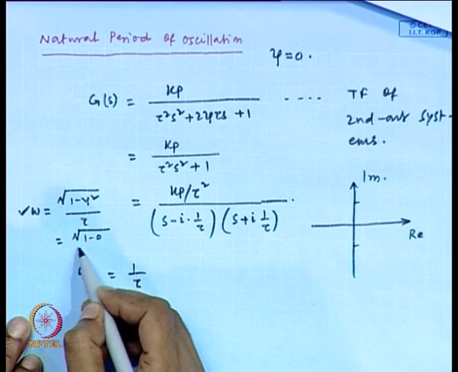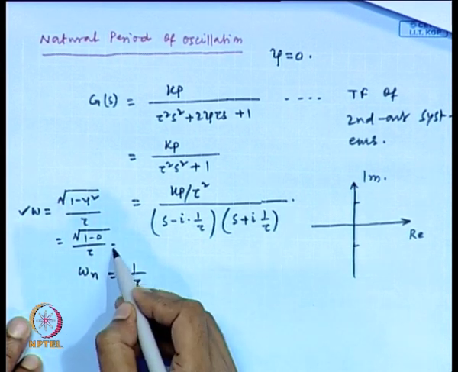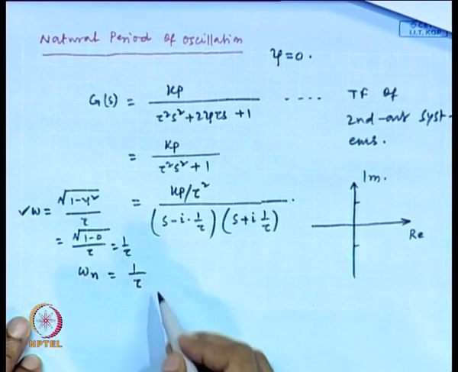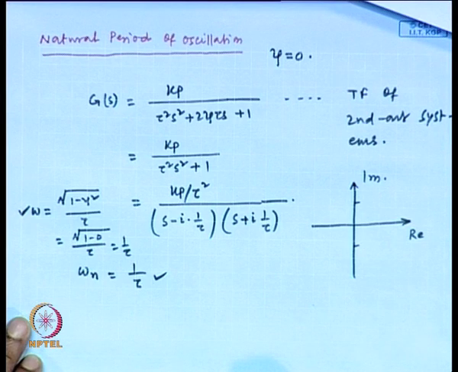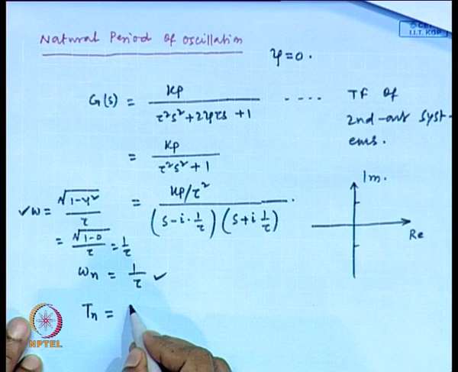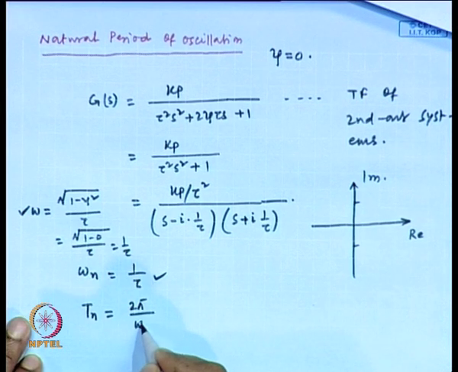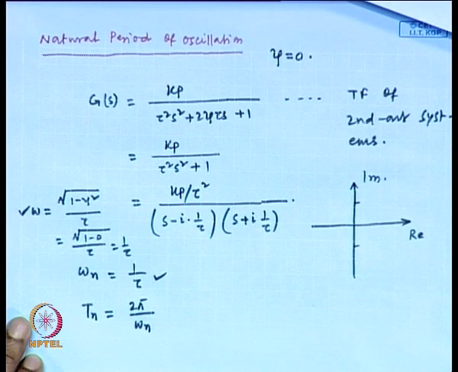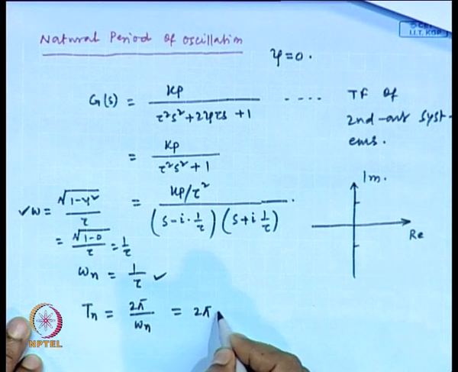Here you just substitute 0, 1 minus 0 divided by tau, that means this is 1 by tau. Fine. Then the period we can write this way: T n equals 2 pi by omega n, that means 2 pi tau.